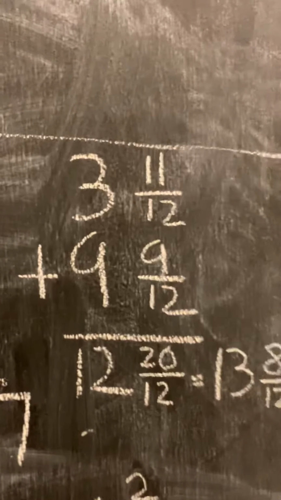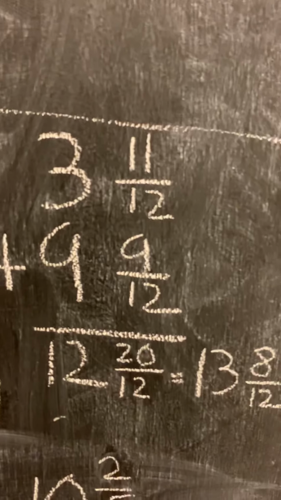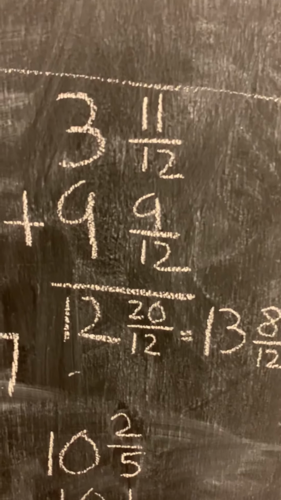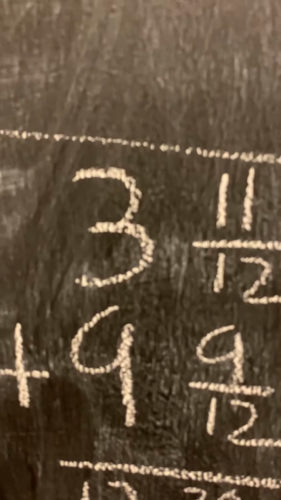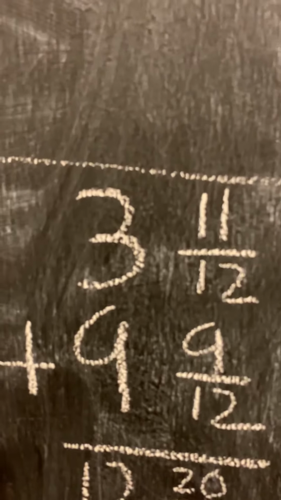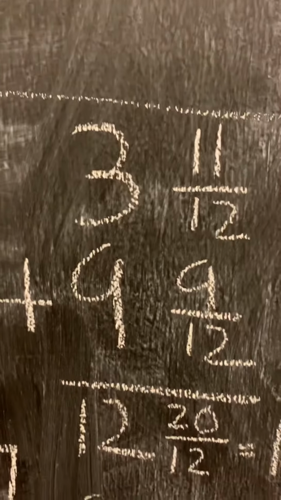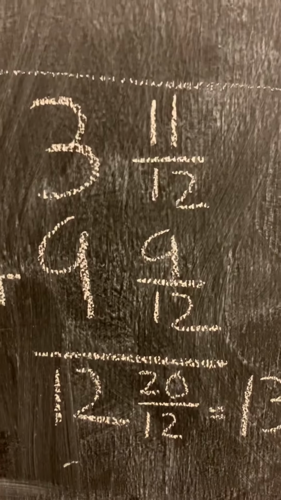All right, let's look. 3 and 11/12. This is kind of our most challenging problem. 3 and 11/12 plus 9 and 9/12. Let's add our whole numbers together. 3 plus 9 is 12, right? 11 plus 9 is 20. So 20/12.